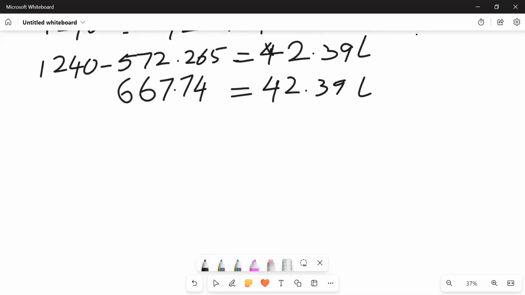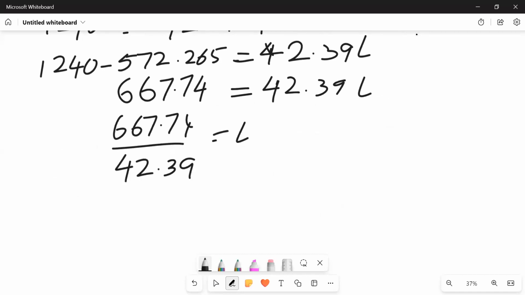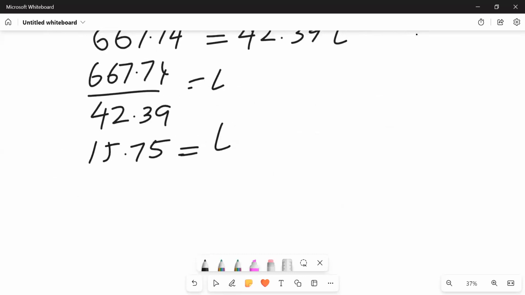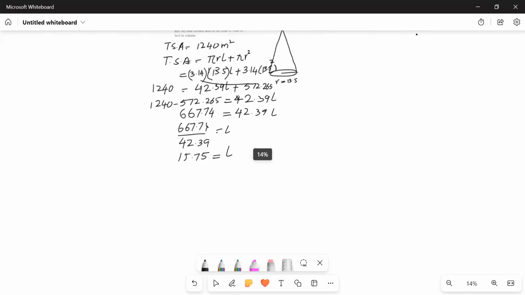Now in the next step we will divide it by this. 15.752. So we will write 15.75. That is L. Now we found L here because L was missing.